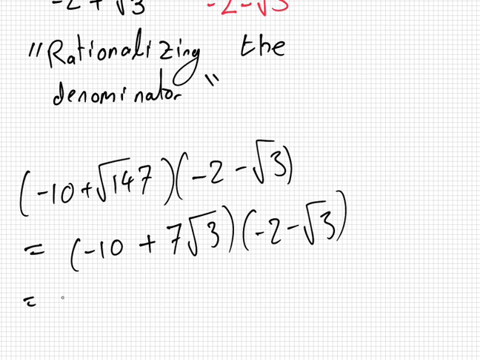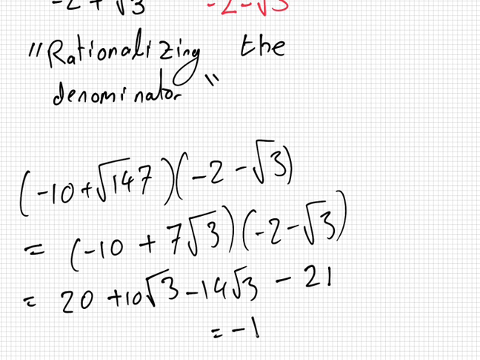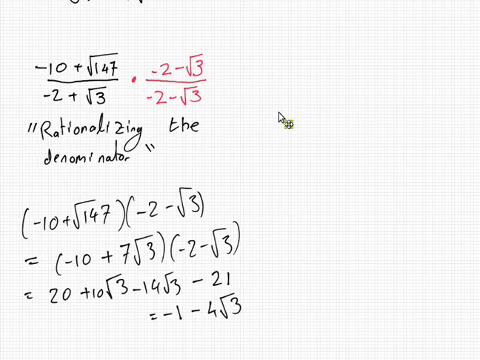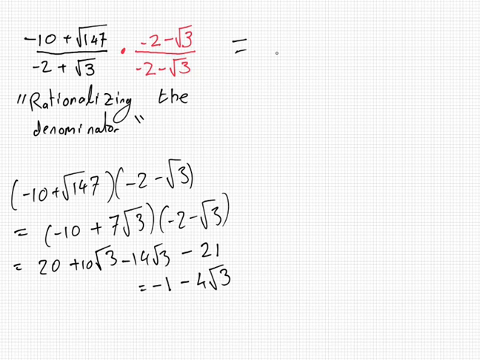So I will get 20, and then plus 10 root 3, and then minus 14 root 3, and then minus 21. Is that right? Yeah, so here I have minus 1 minus 4 root 3 on the top.